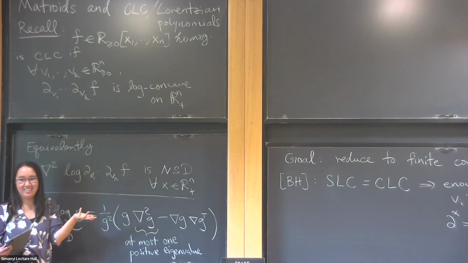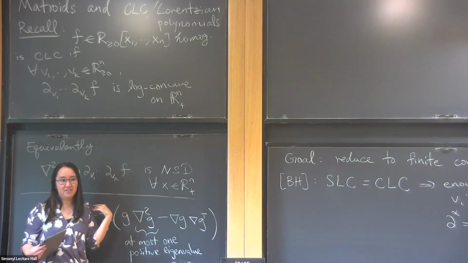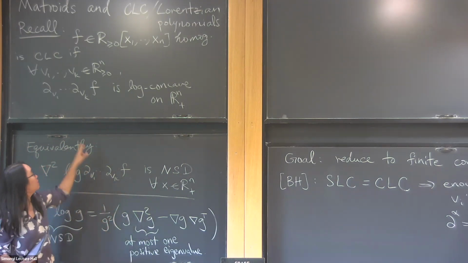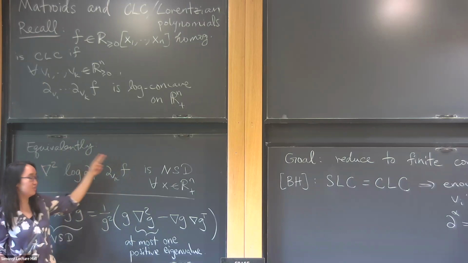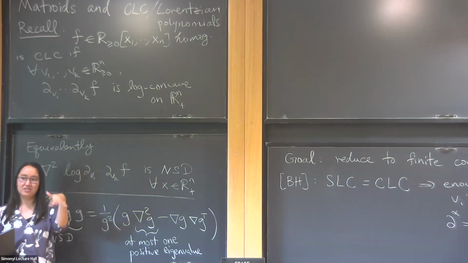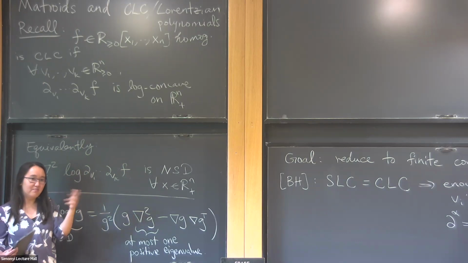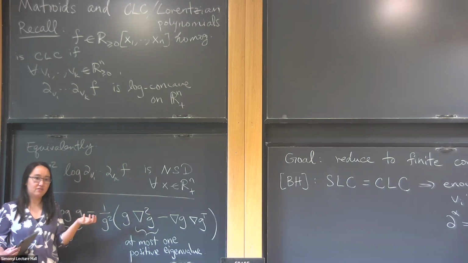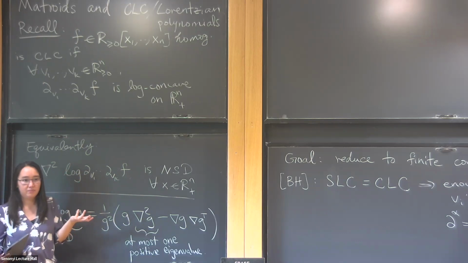It's just numbers in it, and then you can check whether something is negative semi-definite. Otherwise, if this polynomial is of degree 3 or more, that means this matrix has polynomial entries, and you have to show that for all choices of positive numbers, it is negative semi-definite. So it's infinitely many conditions. But for degree 2, it is a finite condition.